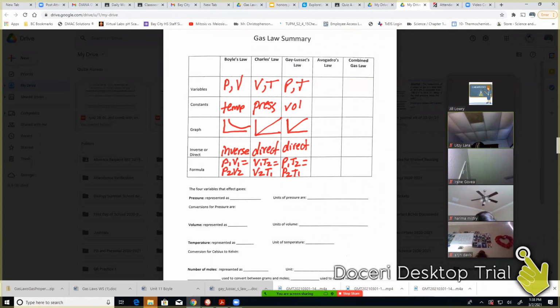And then today we did Avogadro's with volume and number of moles. So we held our temperature and our pressure constant. Still a direct relationship. So my formula is V1 n2 is equal to V2 n1.